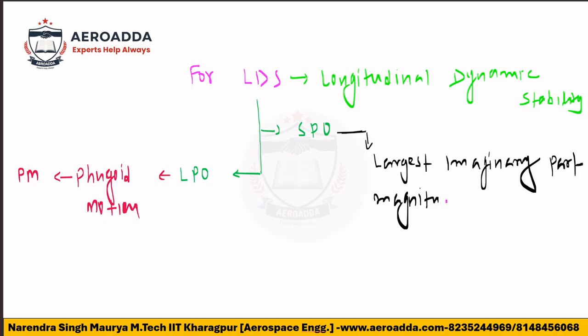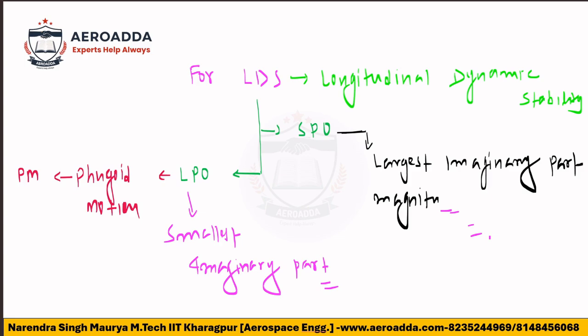So the largest imaginary part magnitude, and the smallest imaginary part magnitude. You need to remember this part. It's very important actually.